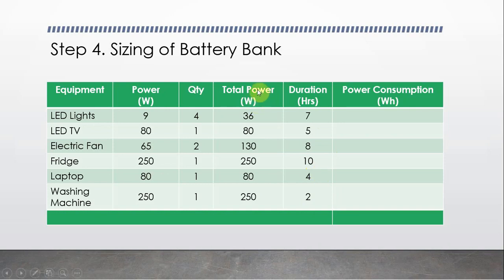Now we shall multiply this total power by the duration, and we'll have the power consumption for each equipment type. We sum this all up and we have the total power consumption of the equipment that will run on batteries.